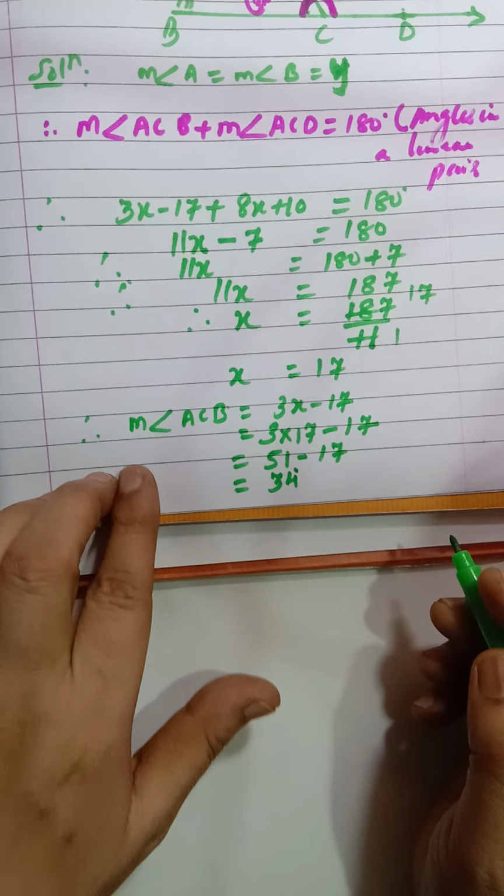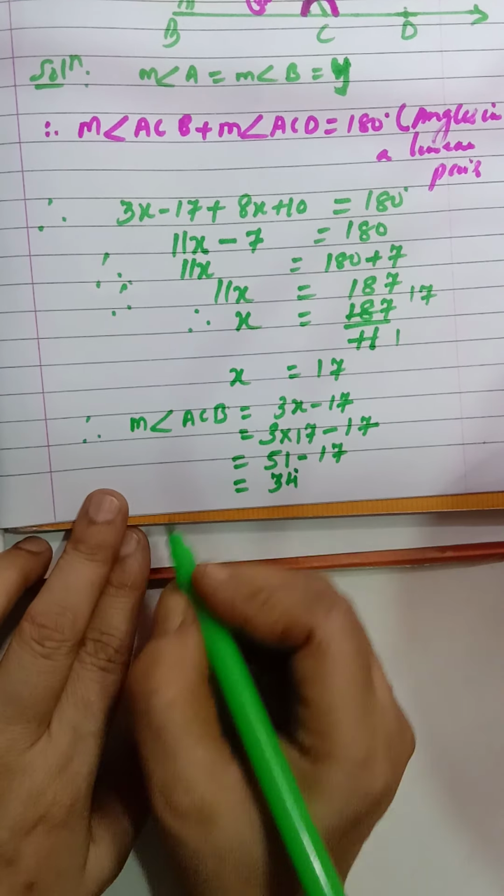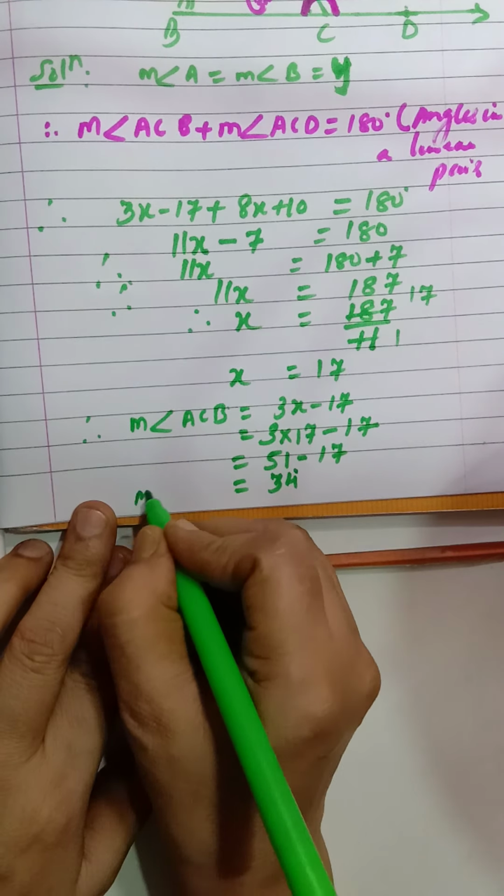So measure of angle ACB is equal to 34 degrees. Clear? Copy down this sum.